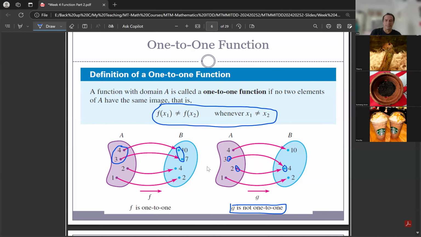I hope you can understand that a one-to-one function is more restrictive than just a function. The restriction is here: we must have the one-to-one condition.